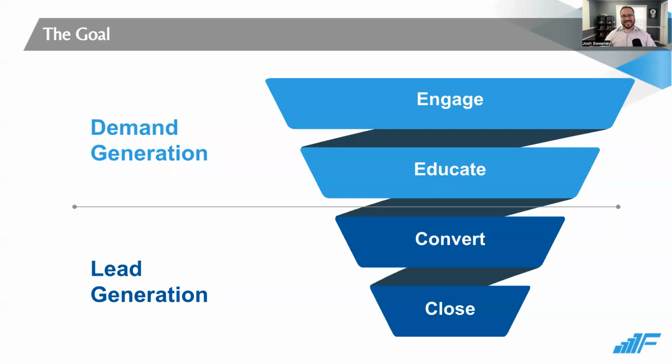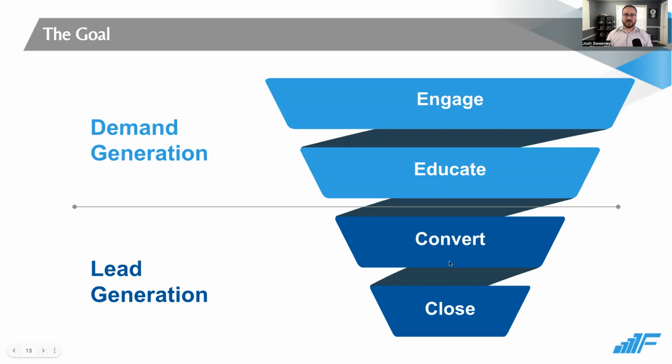Now, before starting any demand generation program, the first thing you need to know is the goal of demand generation. The goal of demand generation is first to engage and educate. So it's fundamentally different, whereas the goal of lead generation is to convert and close. And what normally happens in small businesses that we work with and that we talk to, out in the entrepreneur ecosystem, is everybody wants to jump down here.